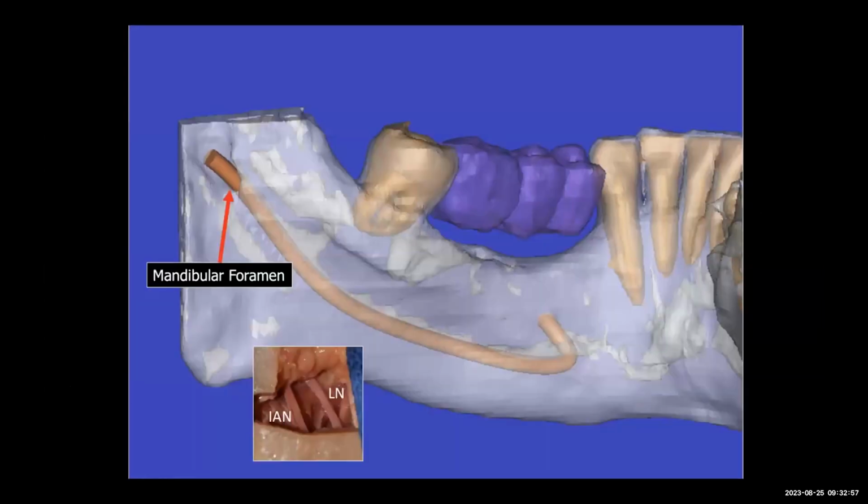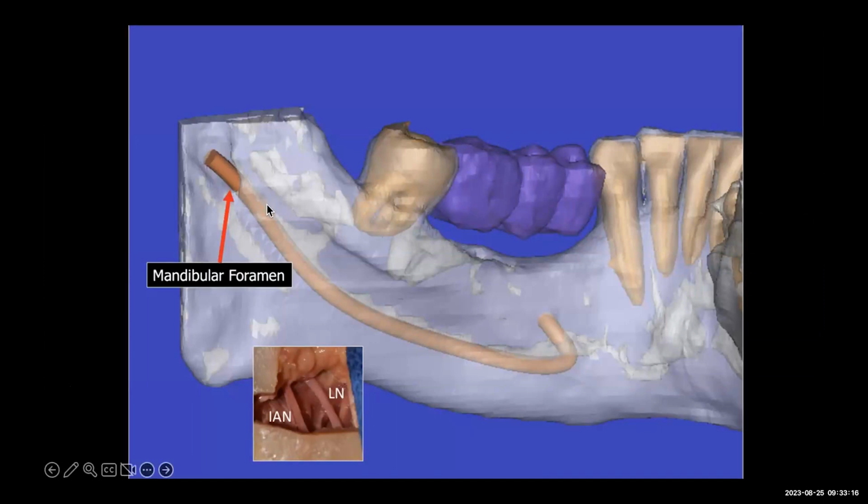So when we look at the actual course of the nerve or of the vessels from the posterior to the anterior, the inferior alveolar nerve enters the mandibular foramen by the lingula here on the lingual aspect of the ramus.